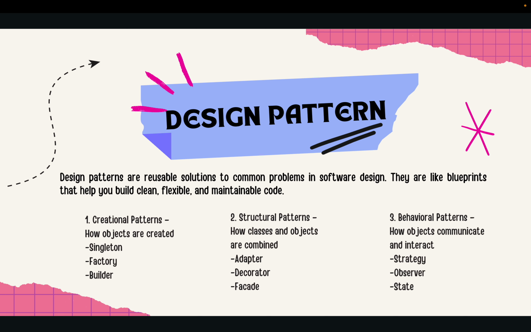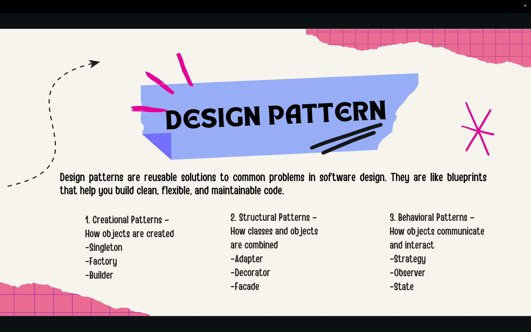There can be more creational or different design patterns, but for simplicity, I'm taking only 2 or 3 examples. The second one is structural design pattern. If we want to see how classes and objects are combined, we can use the adapter design pattern, decorator, facade, and many more.